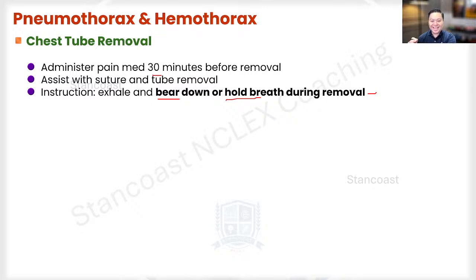Again, you need to instruct the patient to exhale and then bear down, or instruct them to hold their breath during the removal. And this is again to prevent the entry of atmospheric air into the pleural space. Okay, this is very critical.